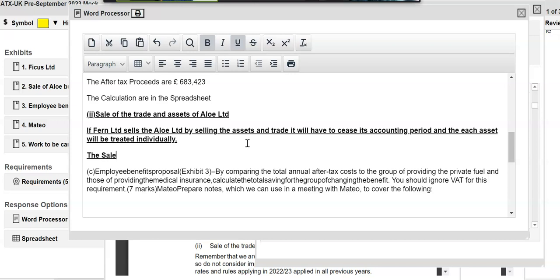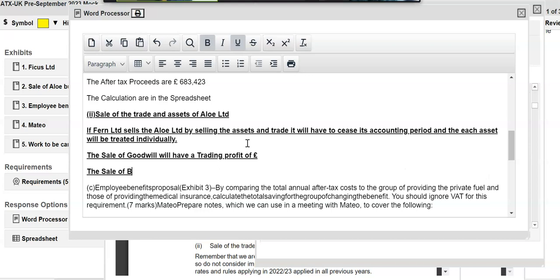The sale of goodwill will have a trading profit of pound, like we will write the amount.